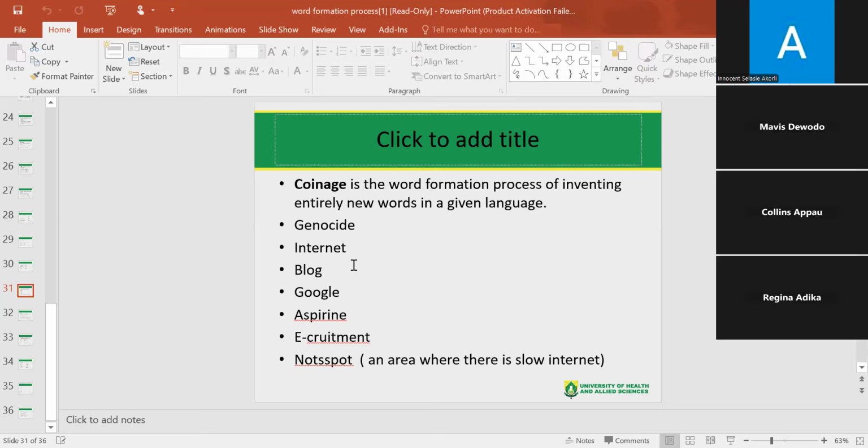Products that are manufactured, like somebody will manufacture washing powder, call it Omo. It's coined. Somebody manufactures a washing powder, calls it Clearsoft. It's coined. Somebody manufactures a camera, calls it Xerox or Canon. So that is how it is called forever.